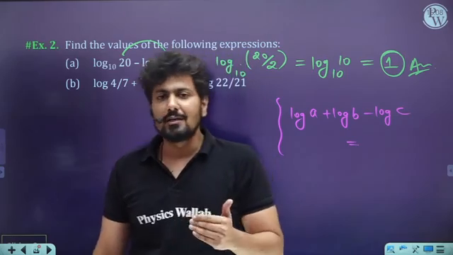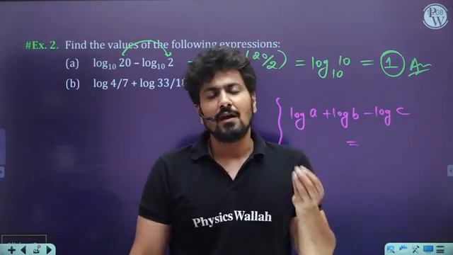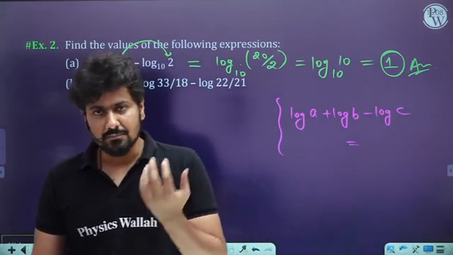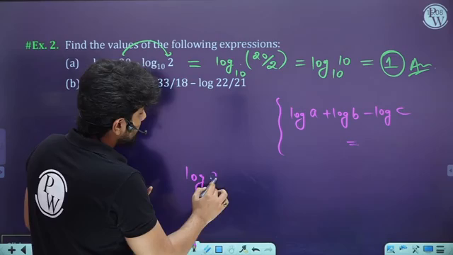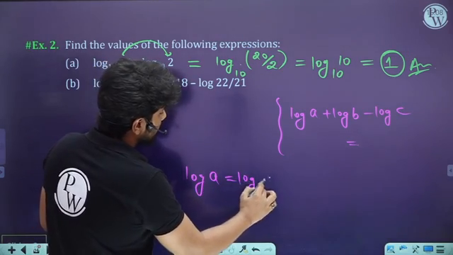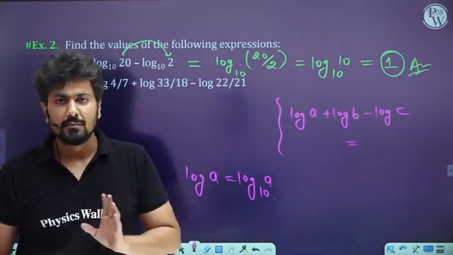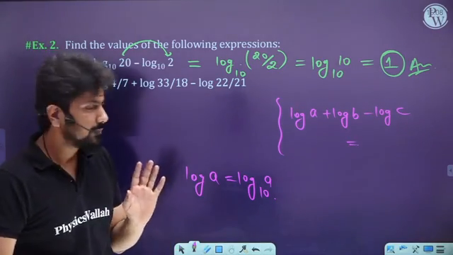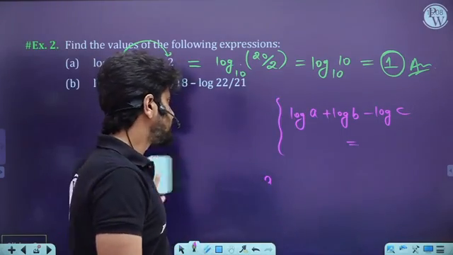Later on in calculus, you will see that when the base is not mentioned, we consider the base as e. Otherwise, they mention in the question that log of A is basically log of A to the base 10. This happens generally. So you can consider the base as 10 over here.